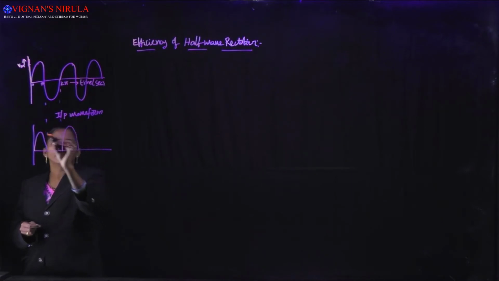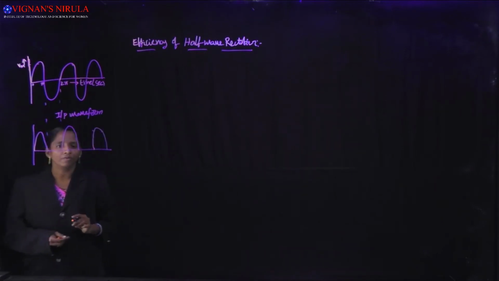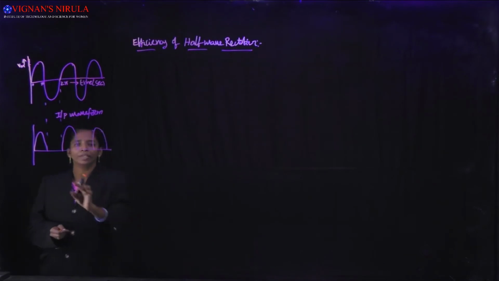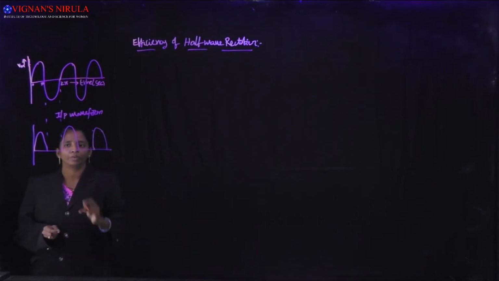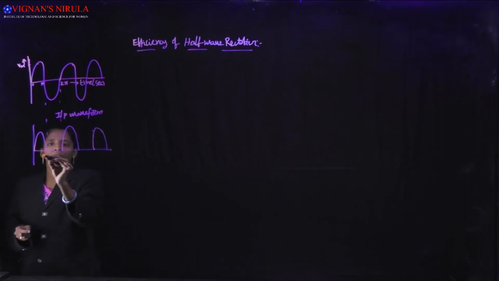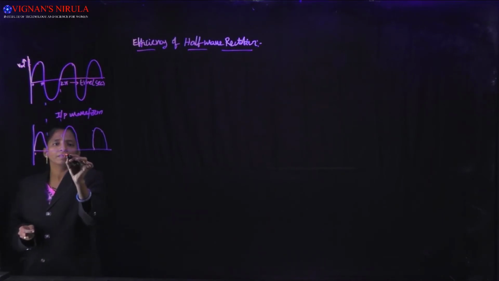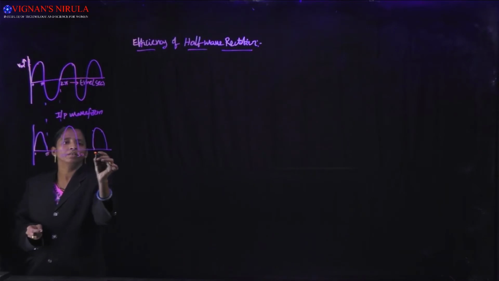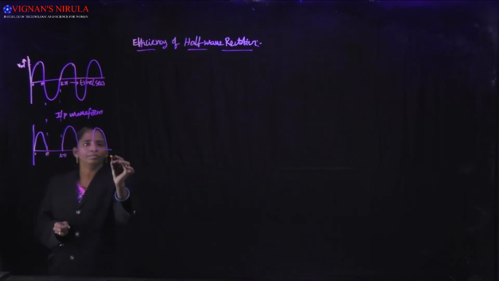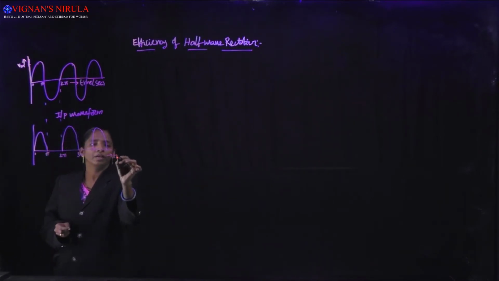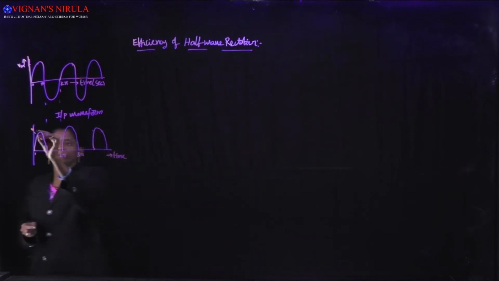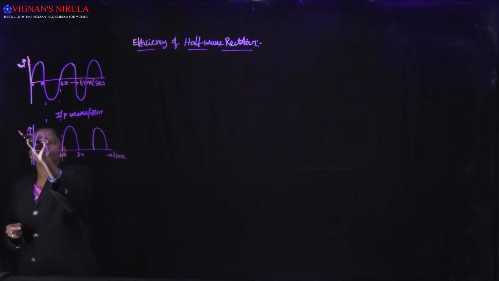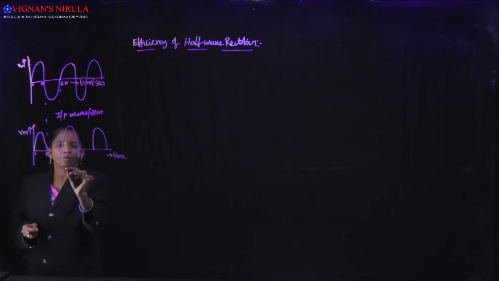So this axis shows 0 to pi, 2 pi, 3 pi, like that. This is time, and this is the voltage, Vm. So this is the output waveform.